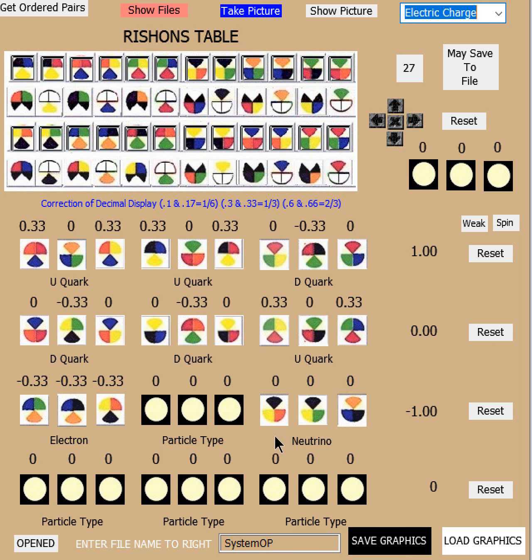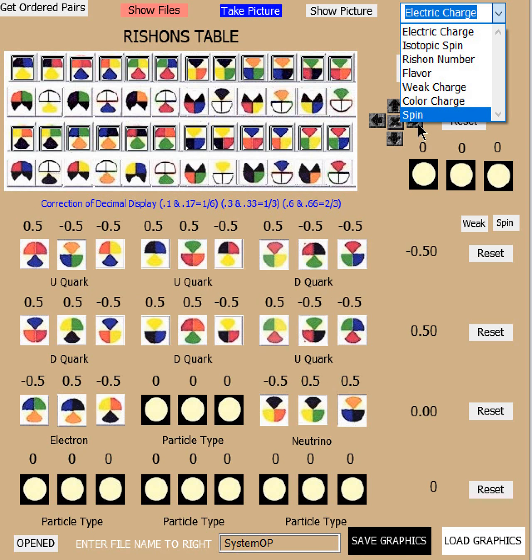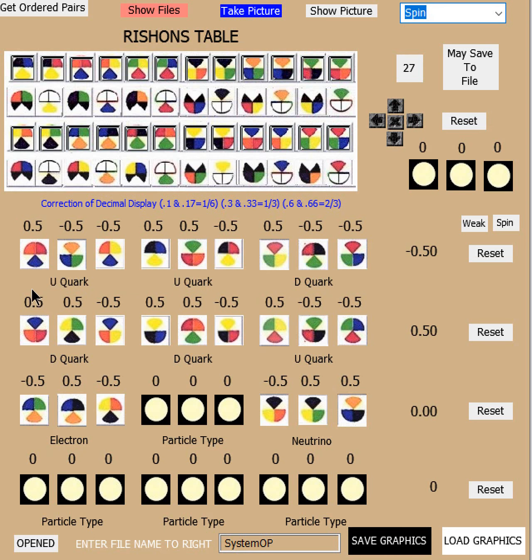And over here, we have 3 V's, each having a charge of 0, and so for the generic neutrino, an electric charge of 0. And so we can see that for each of these Rishons, we have other quanta, the spin quanta. Each of the Rishons is given a quanta of plus or minus 1/2.